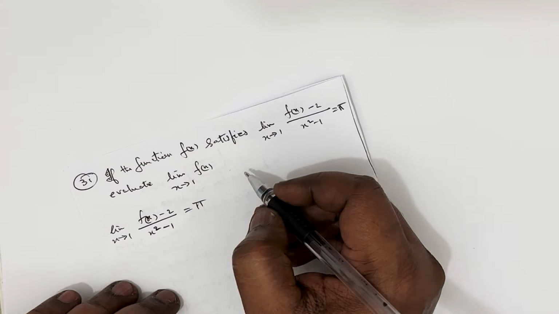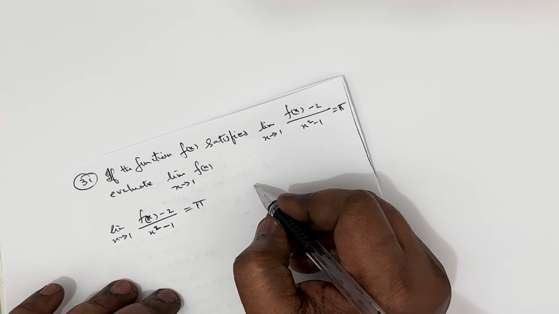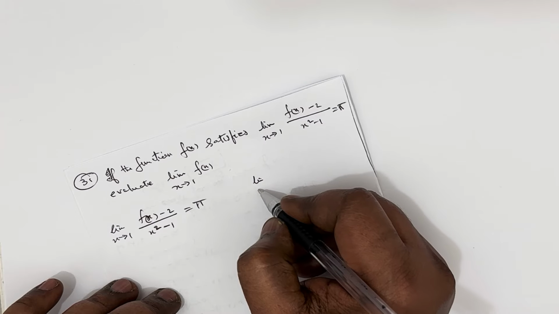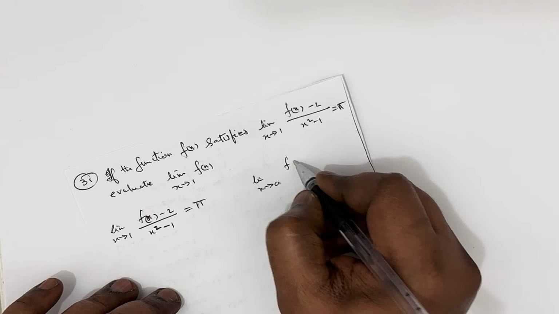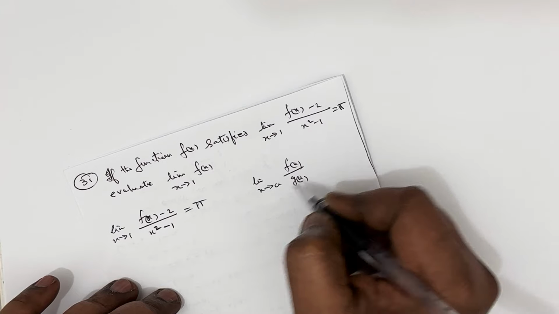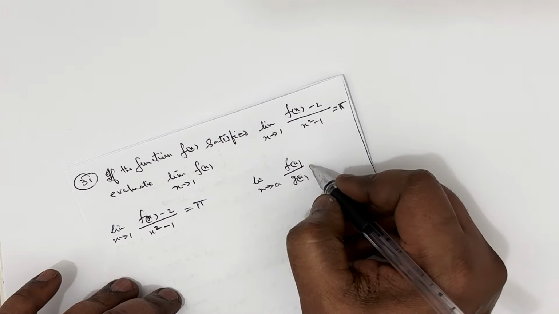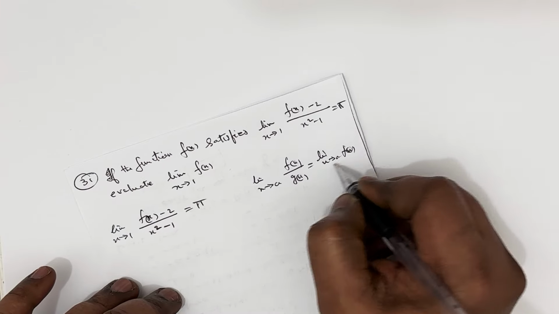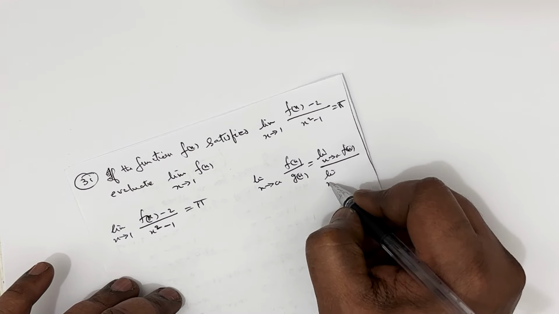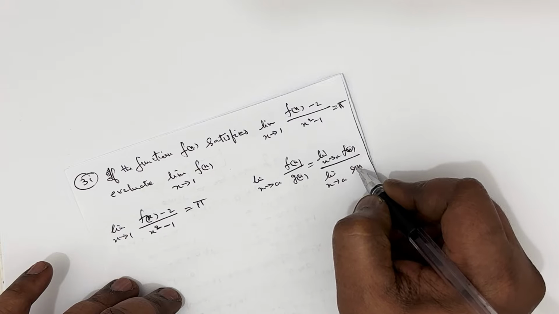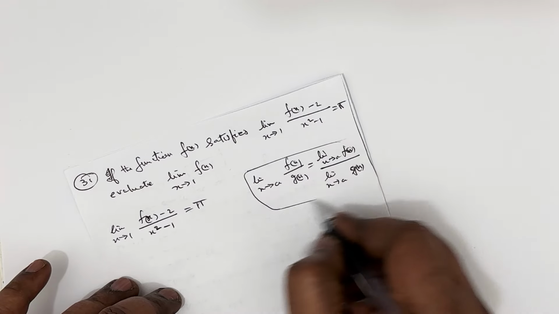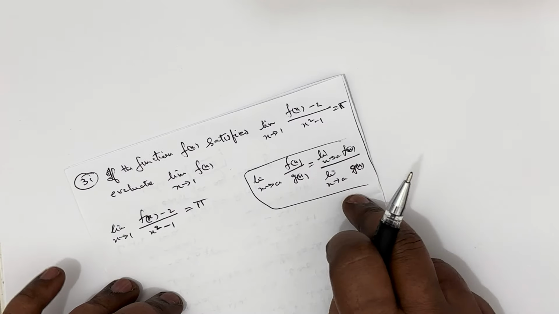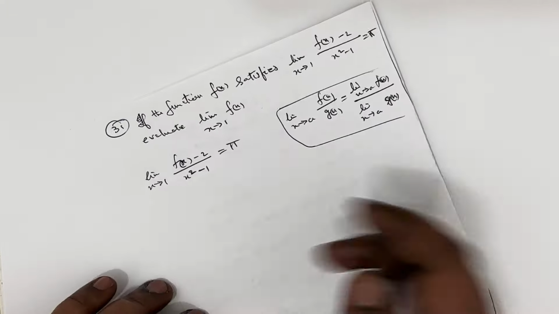Now in the algebra of limits, you know there is a theorem that says limit x tends to a of f of x upon g of x can be written, by splitting the limit to the numerator and denominator, as limit x tends to a of f of x upon limit x tends to a of g of x. We can split the limit to both the numerator and denominator and write it this way. So let's do it here.